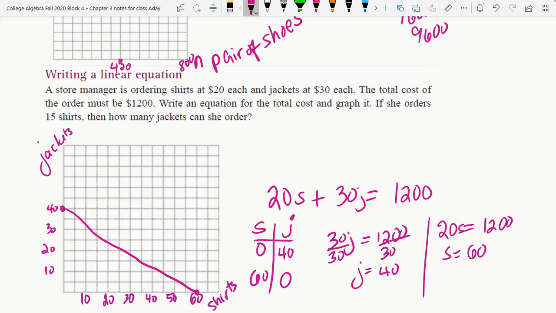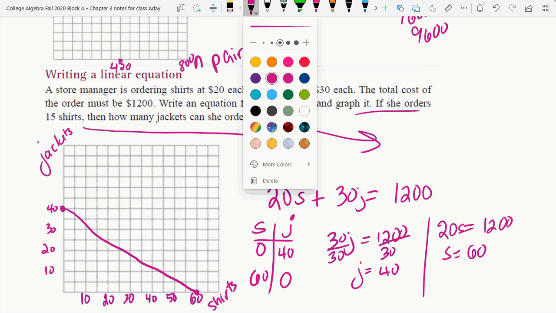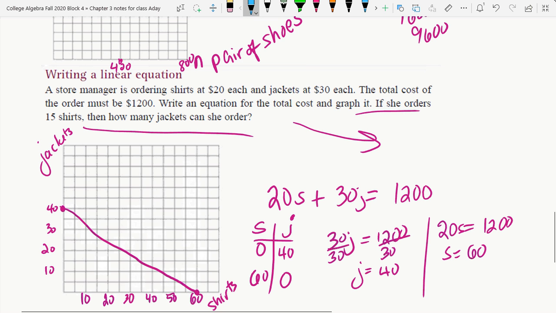So that's the line. If you have a ruler, that makes it better. Now, if she orders 15 shirts, how many jackets can she order? So let's address that question right here. Change color. Blue. So 15 shirts, how many jackets can she order?